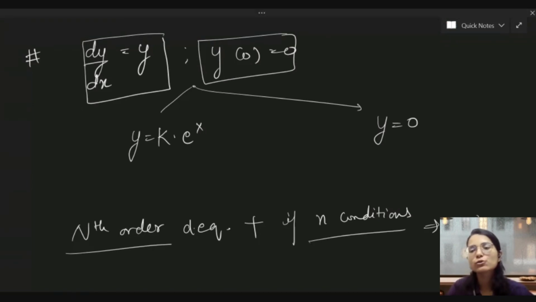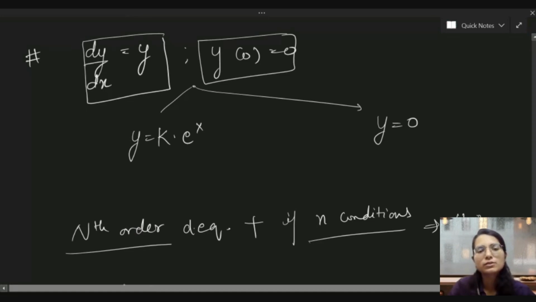In that case, that solution will be called a particular solution. So you know that it is going to be a unique solution.